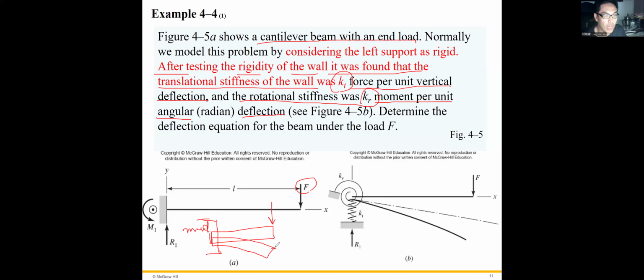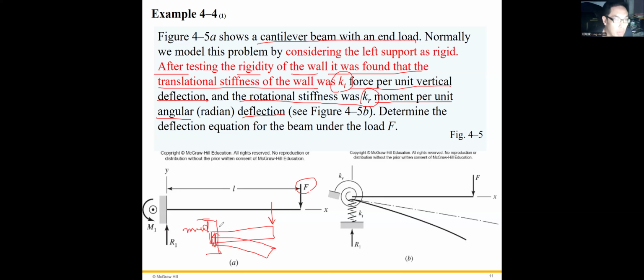Also at this boundary condition, it will move, because the left end support is not rigid. When you apply a force, the end point will move vertically, and of course it will rotate.